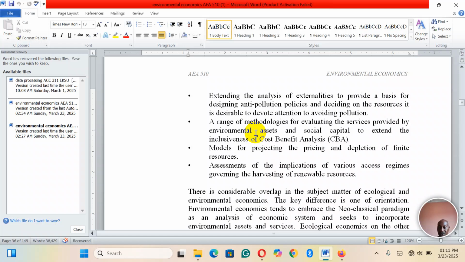Then the model for projecting the pricing and depletion of finite resources. And lastly, the assessment of the implications of various regimes governing the harvesting of renewable resources.